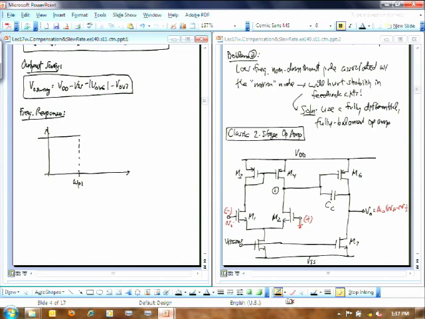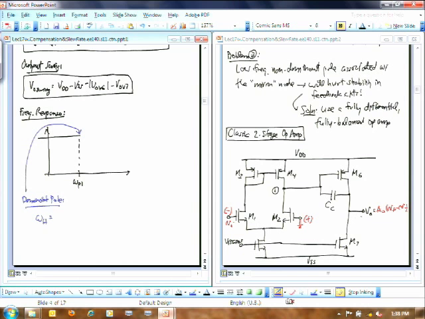But what's that going to be in this case? Can you tell me which node here is going to dominate the frequency response of this whole thing? Yeah, the output is a potential contender there. I'll agree with that. How big is CC? CC is usually a pretty good sized capacitor. So it could be a picofarad or something like that, more than that. On your lab, it's huge.